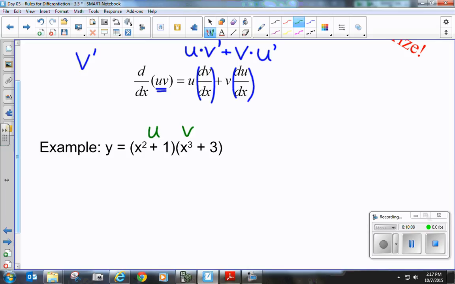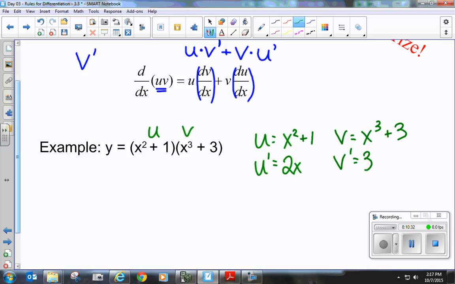So if u is x squared plus 1, what is the derivative of u? So we just did something like this. Take the derivative of each one individually, right? It's 2x plus 0. So it's 2x. Okay, so now what is v? v is x cubed plus 3. So what is the derivative of v?